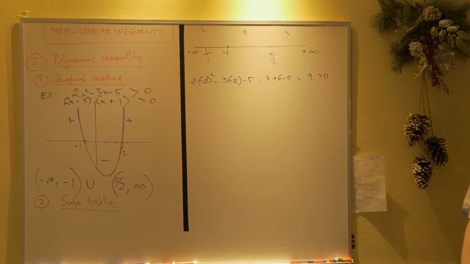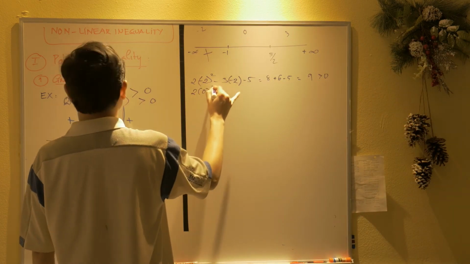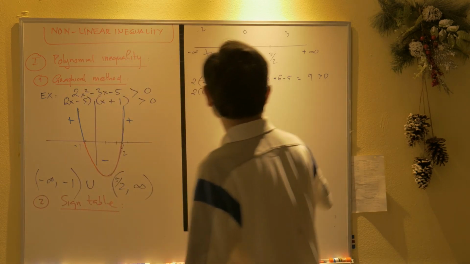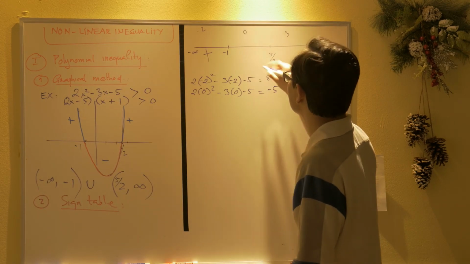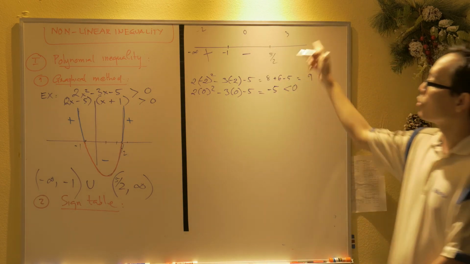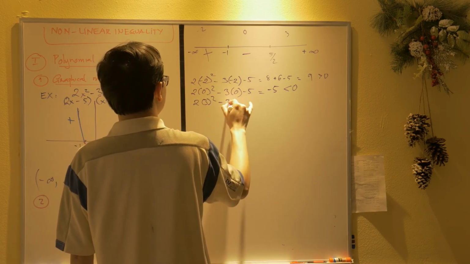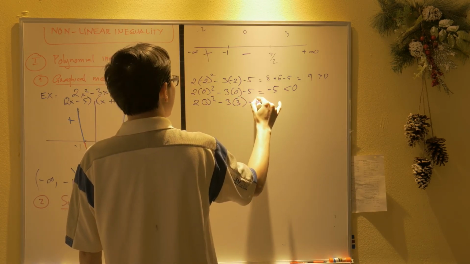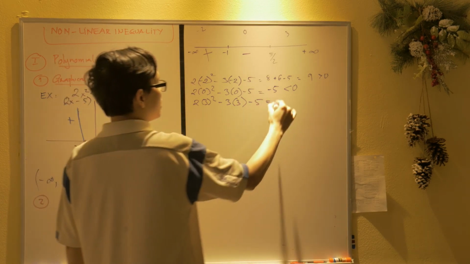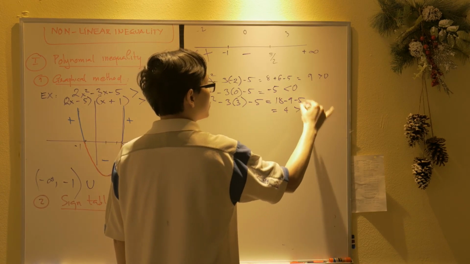Same thing, I put 0 in. So I have 2 times 0 squared, minus 3 times 0, minus 5. That gives you negative 5. Negative, so I put a negative sign here. Same thing, I put 3 in, so I have 2 times 3 squared, minus 3 times 3, minus 5, which gives you 18 minus 9 minus 5, which is 4, positive, so I put positive here.